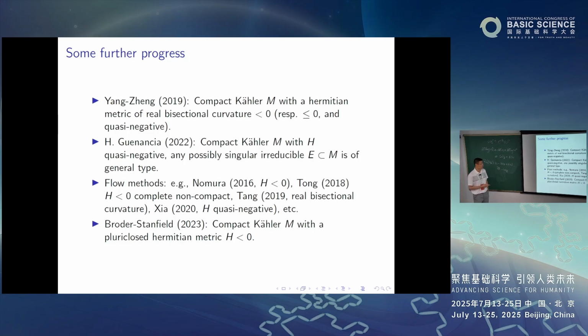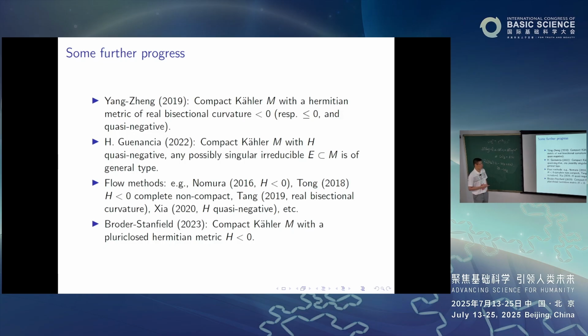This real bisectional curvature is basically the holomorphic sectional curvature plus some torsion term. So this condition is slightly stronger than holomorphic sectional curvature, but again they prove Yau's conjecture in all these cases, so they include our previous results.